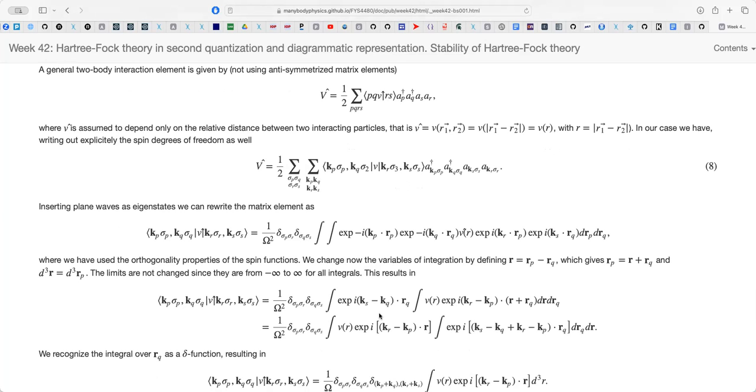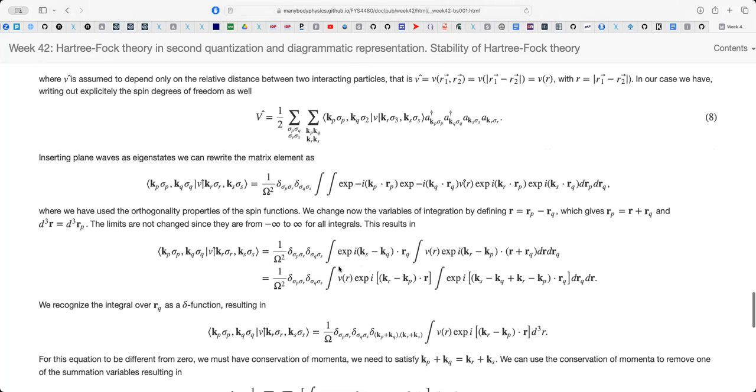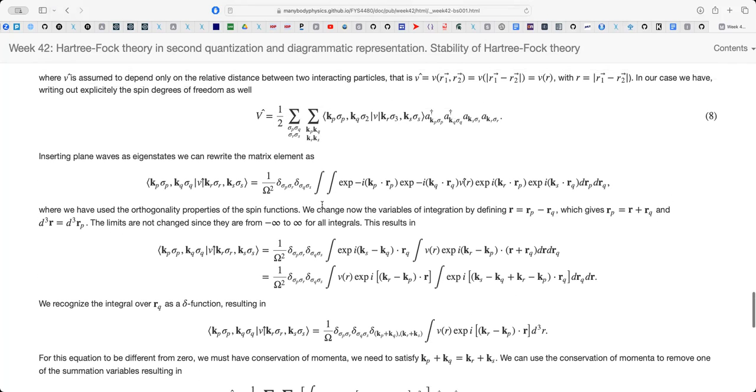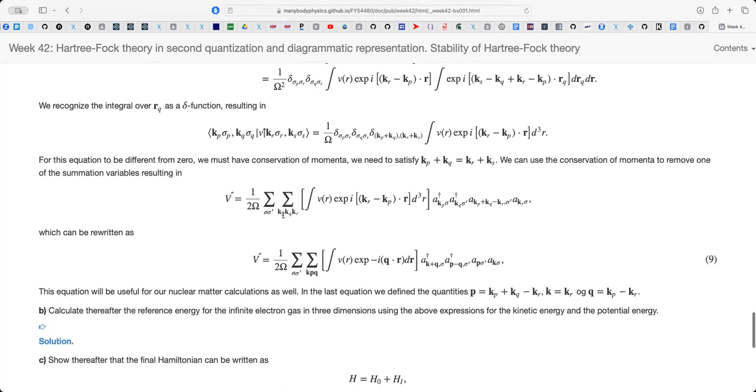We did parts of this already in this specific exercise, but now we are dealing with the integrals over particle 1 and particle 2 here. And we then need to set up the specific matrix elements with the plane waves. So we have the volume element here. We have the Kronecker deltas due to the spin degrees of freedom. And when we now look at the direct term, in this specific case, we end up with an integral which looks like this.